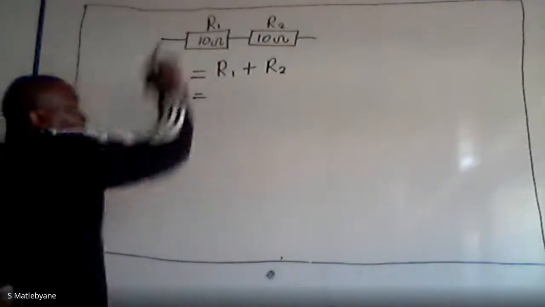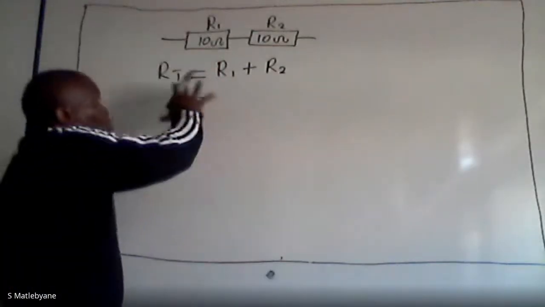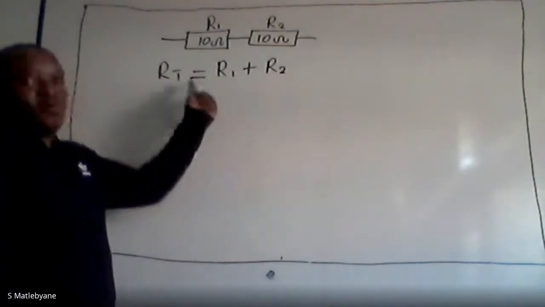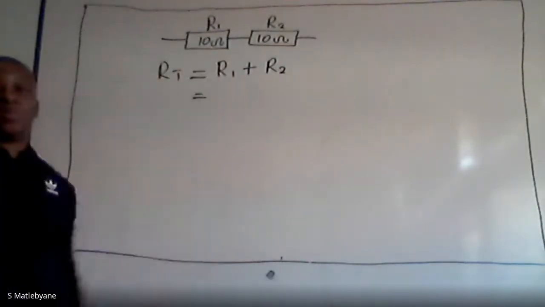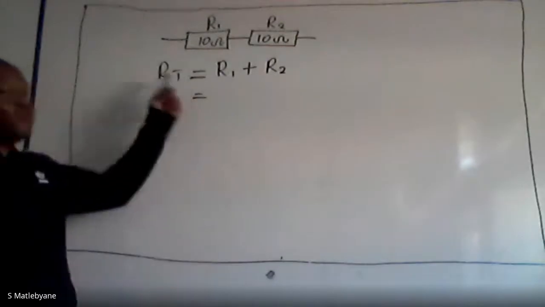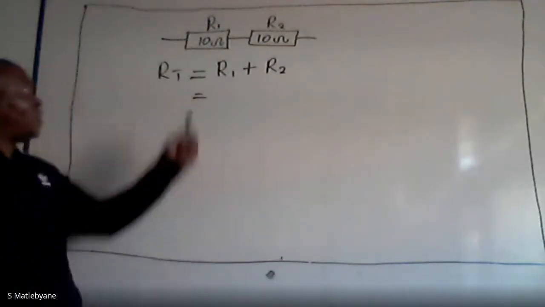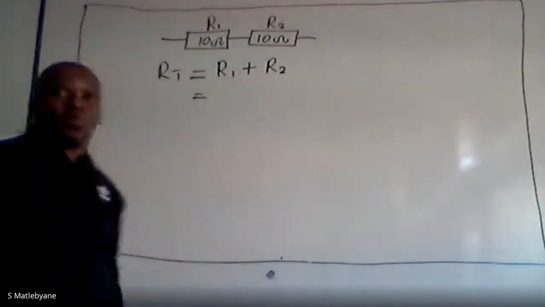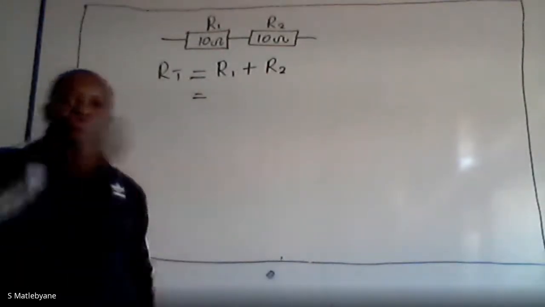Then I simply take, and please, before you substitute, write the formula, because you have the tendency of just saying 10 plus 10. You are going to lose marks. I need to see that you understand that 10 is for R1, the other 10 is for R2. Don't just substitute. Show me the formula.